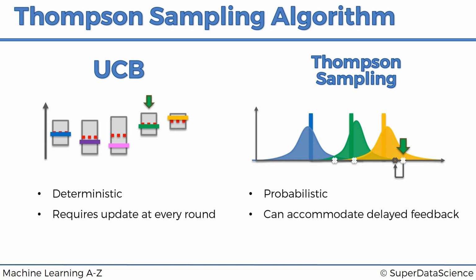Whereas what the Thompson sampling algorithm allows you to do is to update your information in a batch manner. So you wait until you get 500 clicks, or 5,000 clicks, you update the algorithm, then you let it run, and then you get another 5,000 clicks, and you update the algorithm again, and it will still work. That's a very important thing, that flexibility that the Thompson sampling algorithm creates.